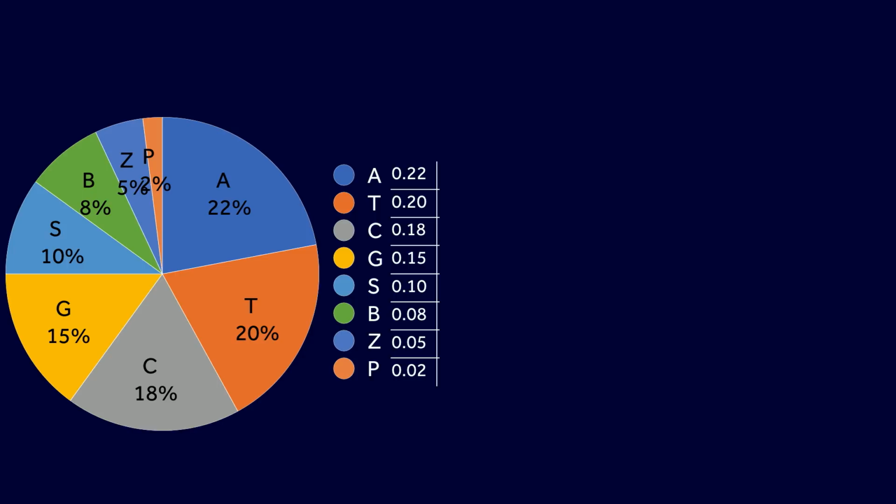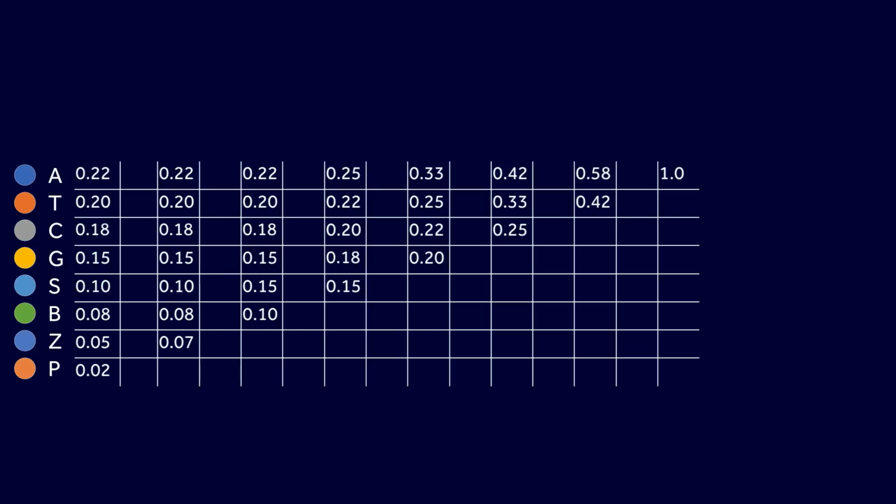So what he did was he constructed a set of probability tables associated with this, and this is the first one. So I ranked the letters from the most probable to the least probable. A's up here, P's down here. And this is repeated over here. That's the rank list on the left.